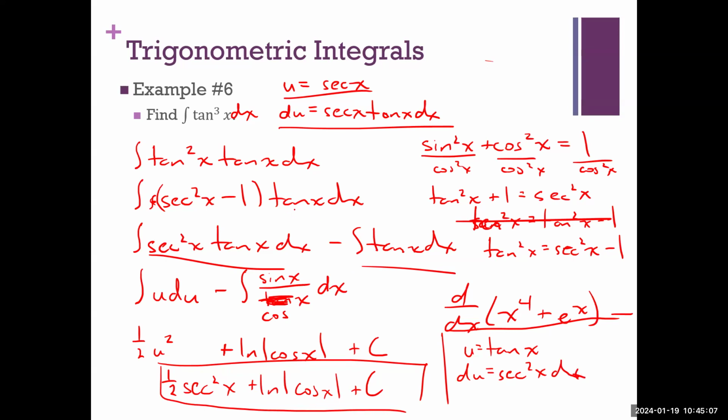So then this becomes, well, the next one we expanded to secant squared of x minus 1 times tan x. I don't know if you're going to get a dx everywhere. So I think this one right here could become u du for the same reason, right? So would our final answer also be tan squared x?